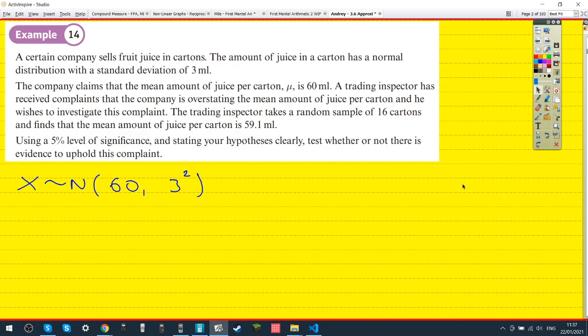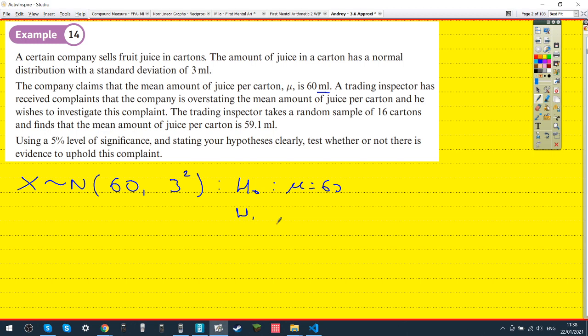Okay, hang on. So big picture is the null hypothesis is they're telling the truth. The null hypothesis is that the average is 60 milliliters of juice per carton and the standard deviation is 3 milliliters. So the null hypothesis is that the mean is 60.